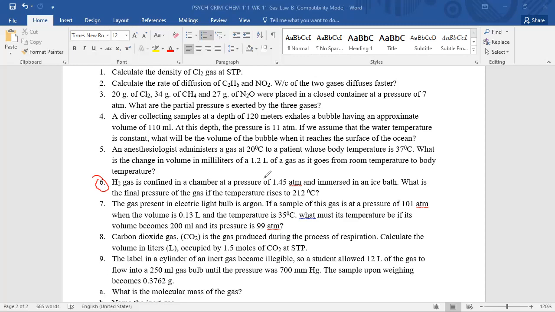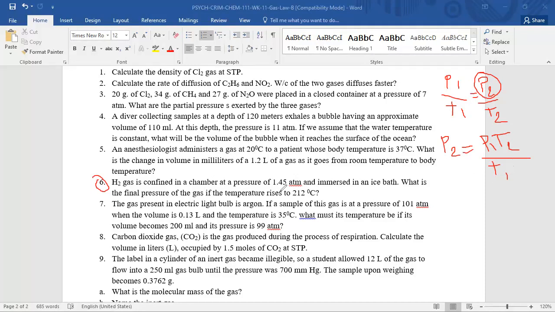So, tingnan natin. Ang pinapahanap sa atin, final pressure. So, P1 over T1 equals P2 over T2. Pinapahanap sa atin is P2. So, P2 equals P1 T2 over T1.